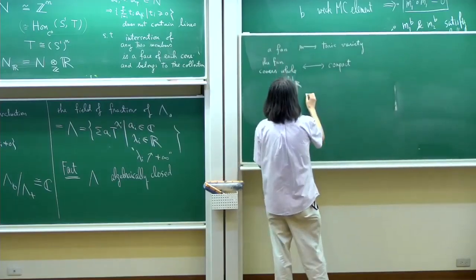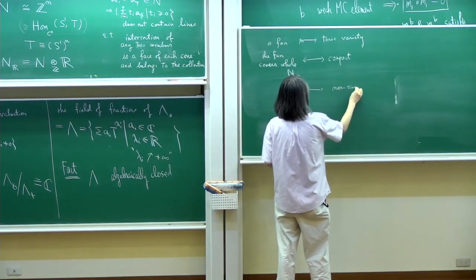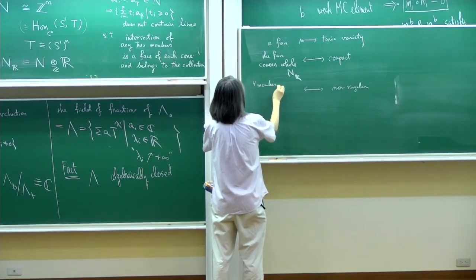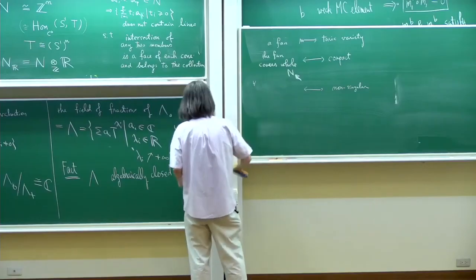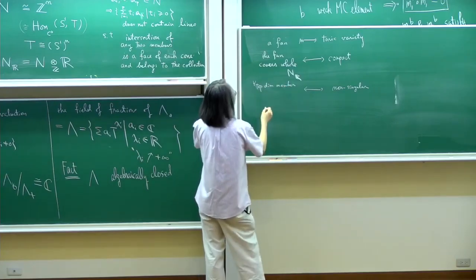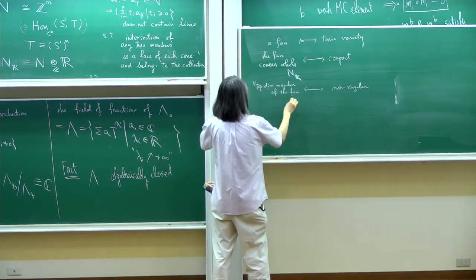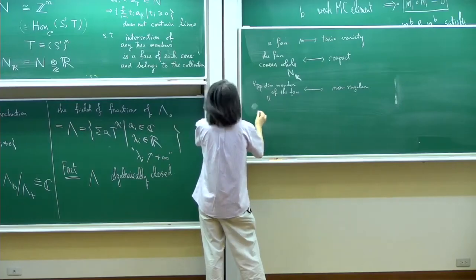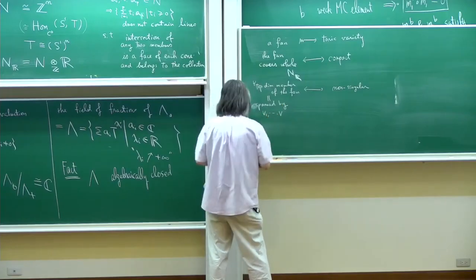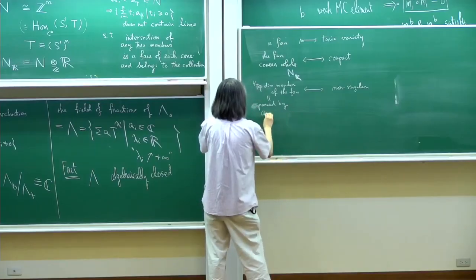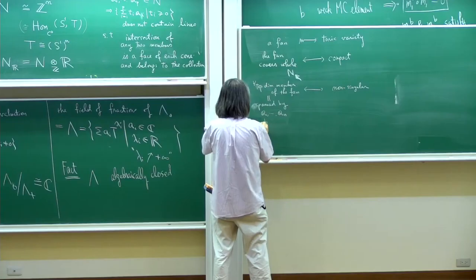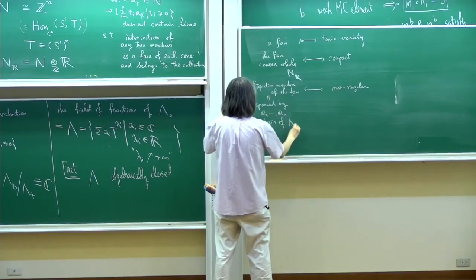And it is non-singular if any top dimensional member of the fan is spanned by some v1 to vn, which is an integral basis of the lattice.